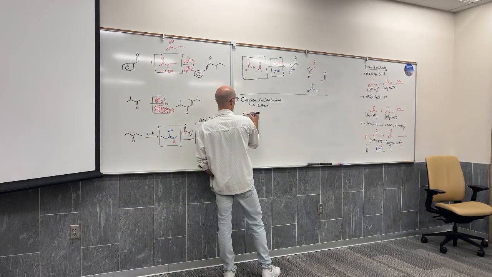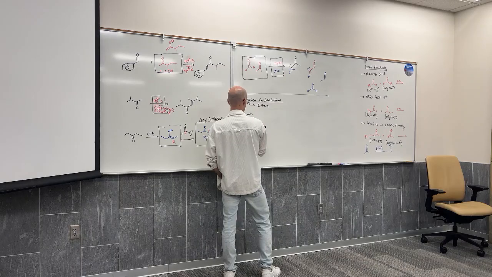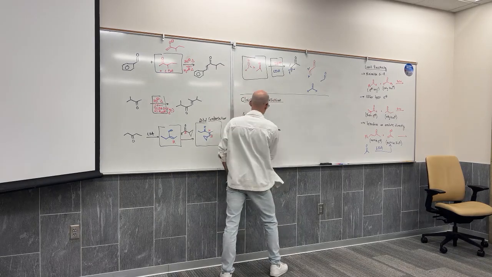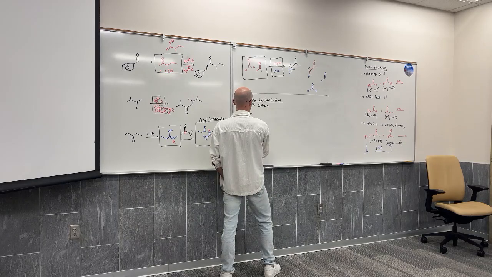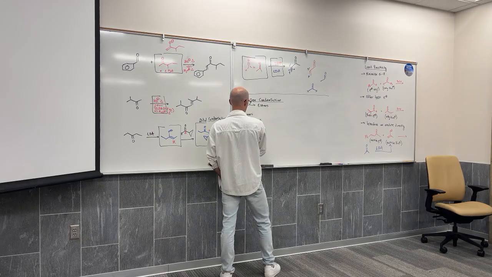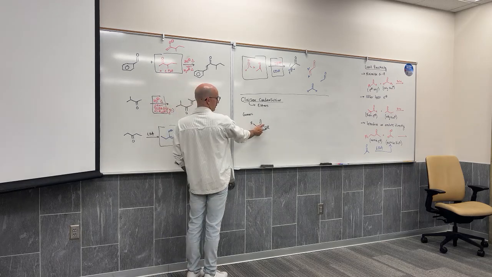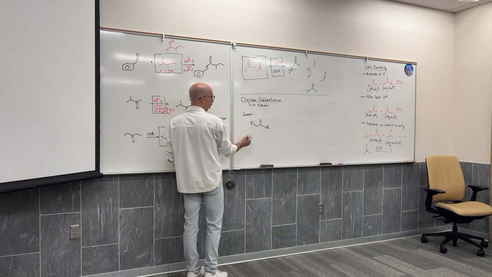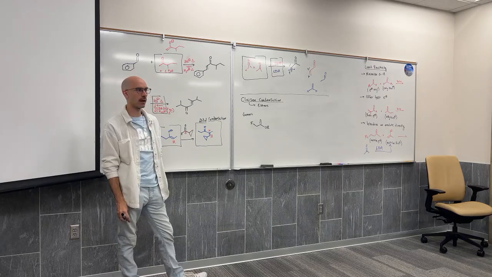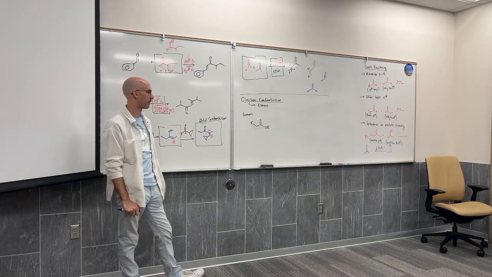So here's our generic example. If I have an ester, let's say that it has ester linkage OR, and then it has a CH2R prime. It doesn't quite matter what that CH2R prime is.